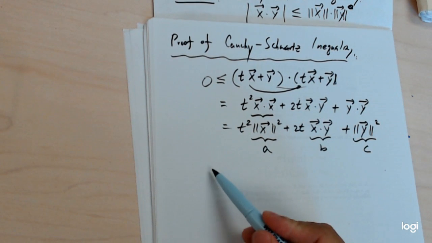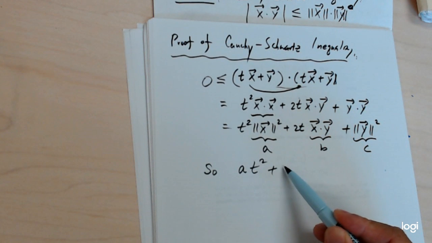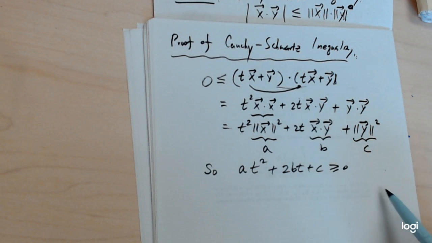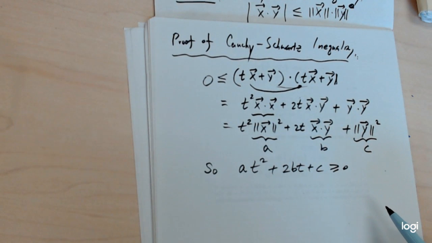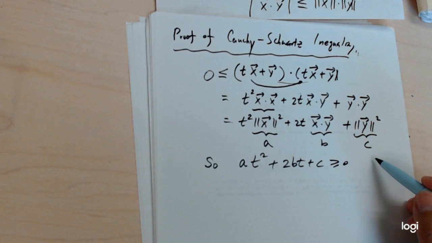So we have this property: a t squared plus 2bt plus c is always greater or equal to 0. How can that happen?